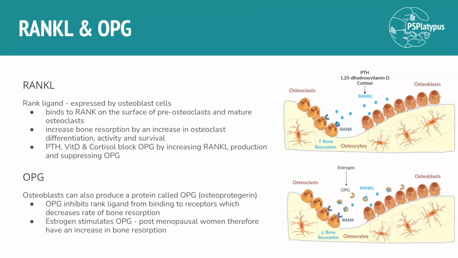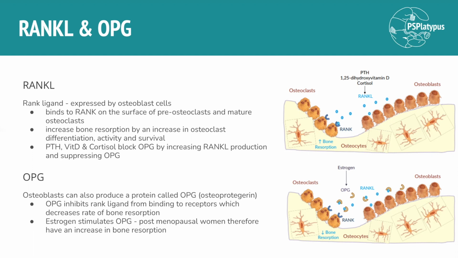So how exactly do these hormones act to increase or decrease bone reabsorption? Well, that is quite simply via RANKL, or RANK ligand, and osteoprotegerin, which are local signaling molecules produced by our osteoblasts. And it is the ratio of these signaling molecules that results in either increased or decreased bone reabsorption.